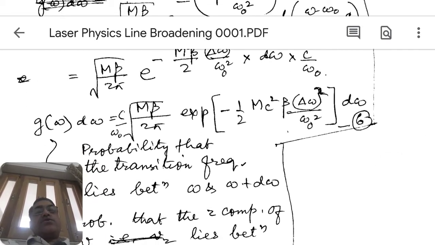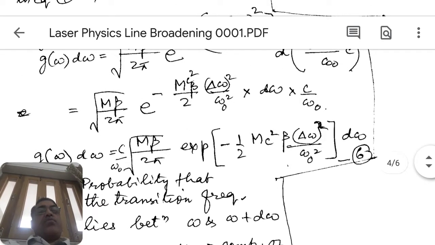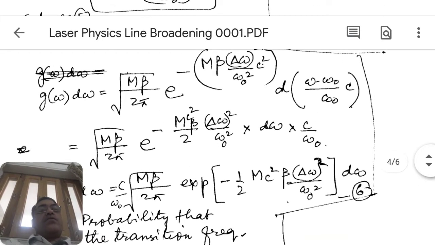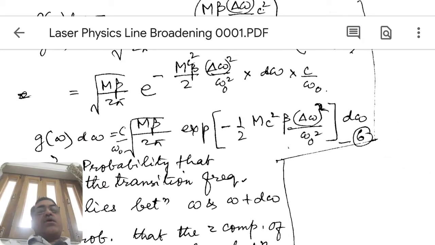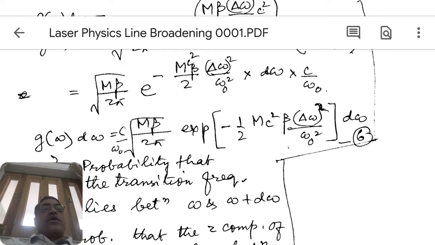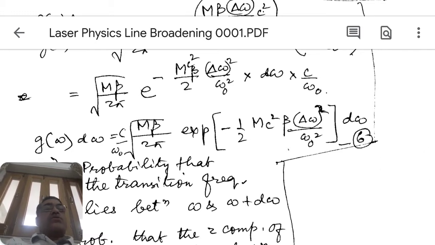So this gives g omega d omega is equal to c by omega naught under root of m beta by 2 pi exponential minus half m c square beta delta omega square by omega naught square into d omega.